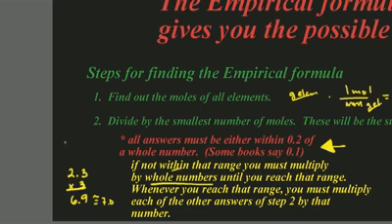So for instance, let's say I had carbon, hydrogen, and oxygen, and when I did the division, hydrogen had the lowest number of moles and gave me 1. This was 2.3, and this was 4.